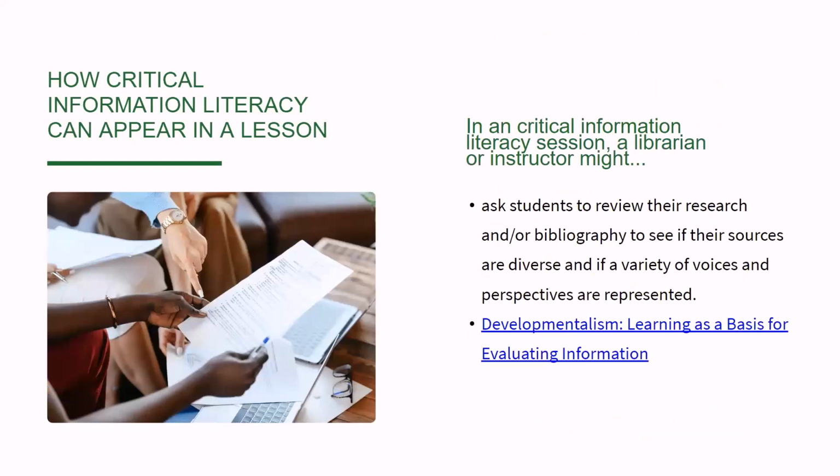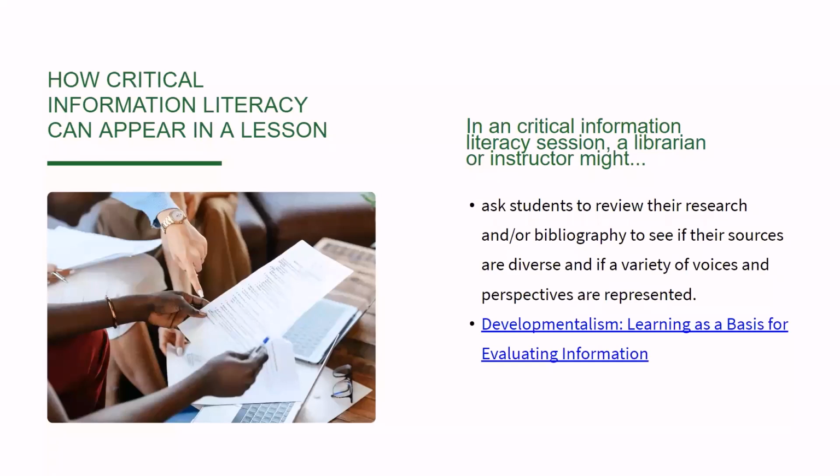Another way is that a librarian or instructor might ask students to review their research and or bibliography or any of the sources that they find to see if they come from a variety of diverse sources and locations, and a variety of voices and perspectives are represented.